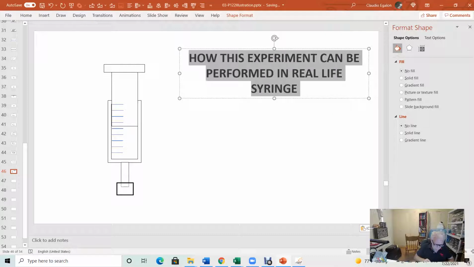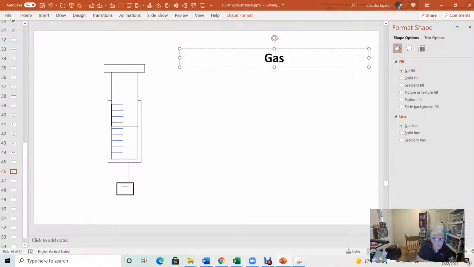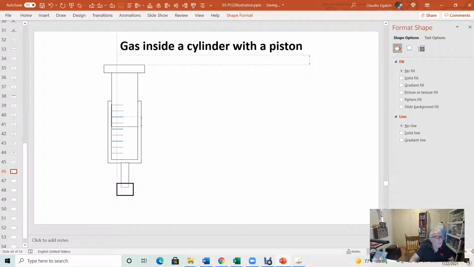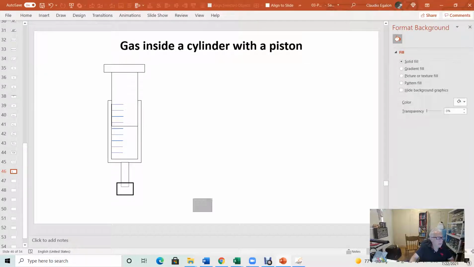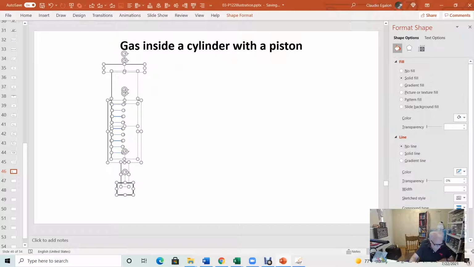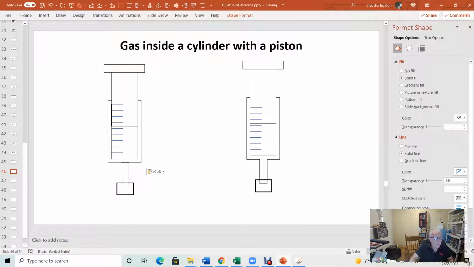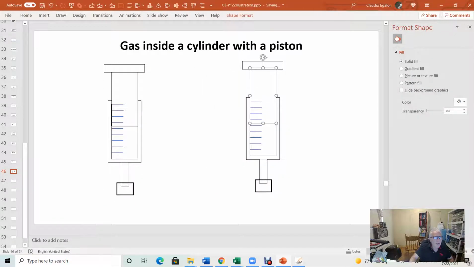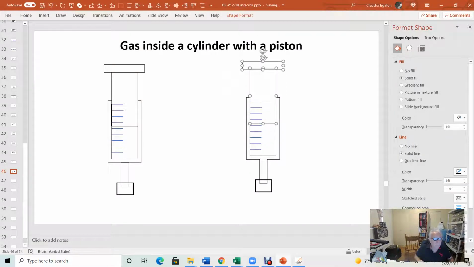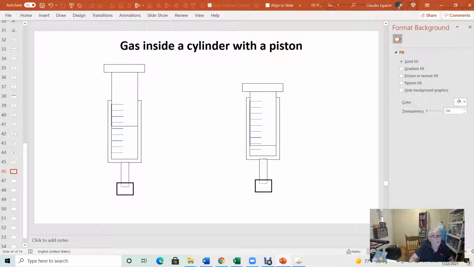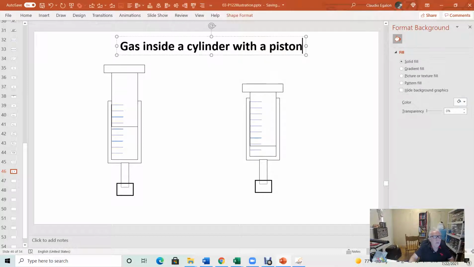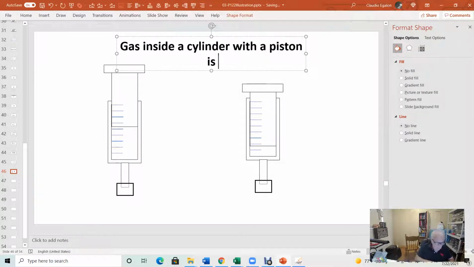Cylinder, gas inside a cylinder with a piston. Okay, so let's say we start at this volume and then we compress the gas. The piston is compressed.